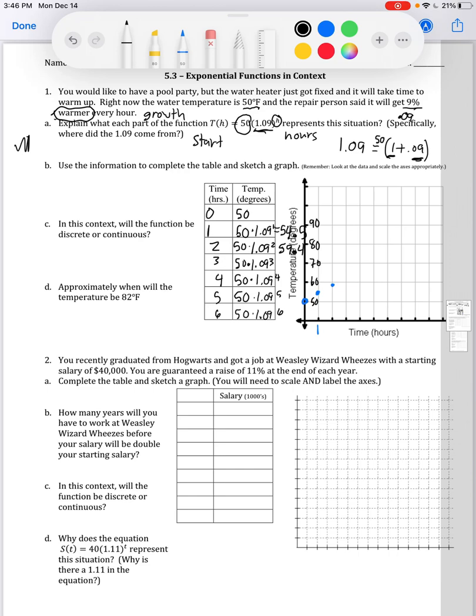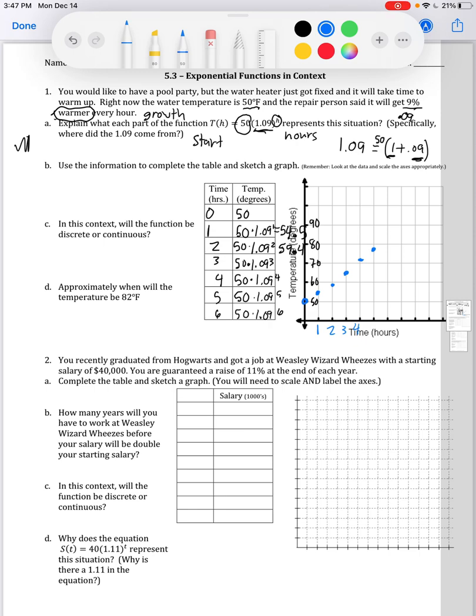So that's going to be 50 times 1.09 cubed, which is 64.7. So that's going to be right about there. 50 times 1.09 to the fourth is going to be, sorry, I'm just doing the math on the calculator as well. 70.5, which is right about just above 70 there. 50 times 1.09 to the fifth power is 76.9, which is just right about there.